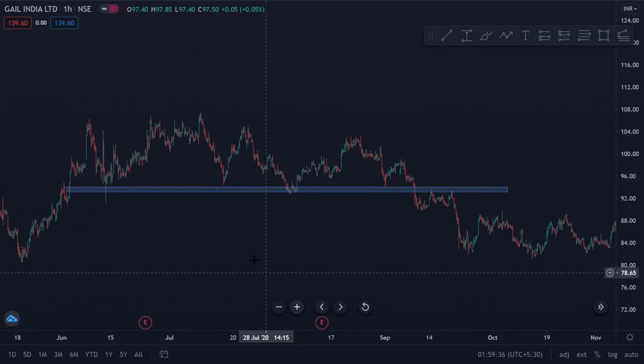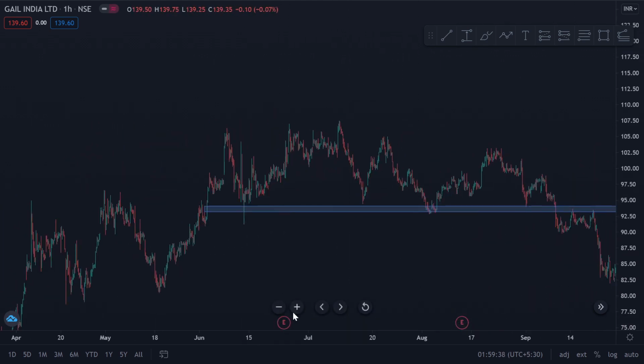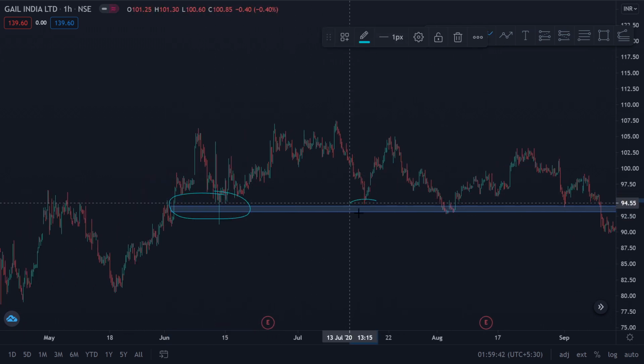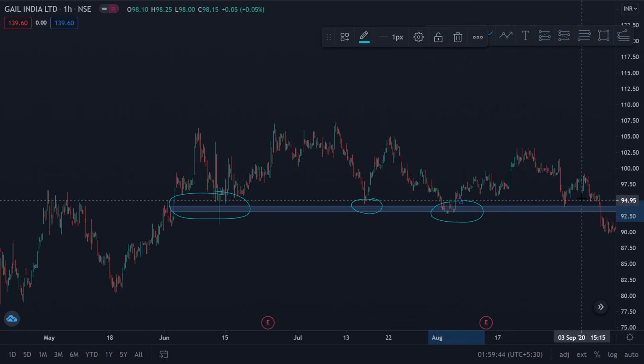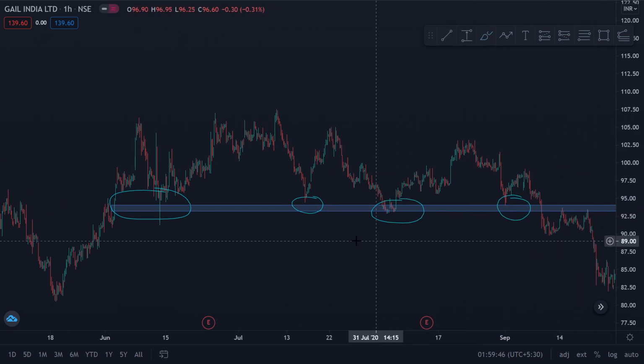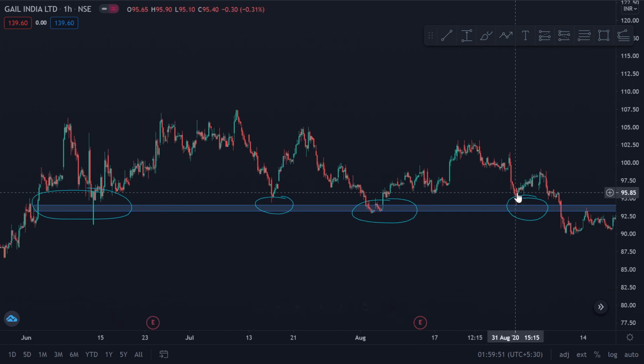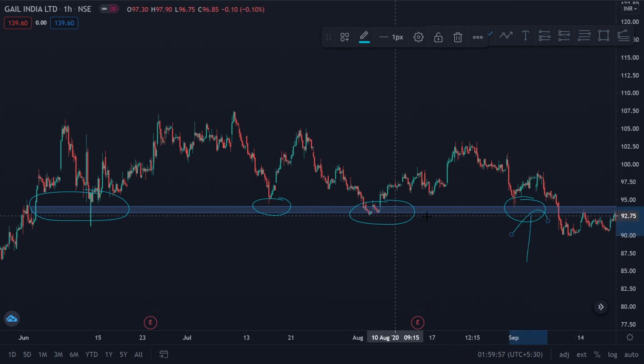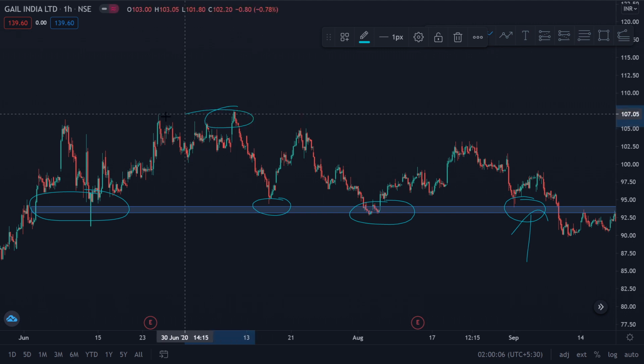So how is the support being broken? Again, same logic, price had touched this point multiple times and bounced up. Suppose you observe this 1, 2 and 3 times, and the fourth time price comes here, you obviously want to go long because price has reversed previously here. So you hope that okay, this is a strong support for me, so I will go long. But what you missed out on are the highs being formed in the market.